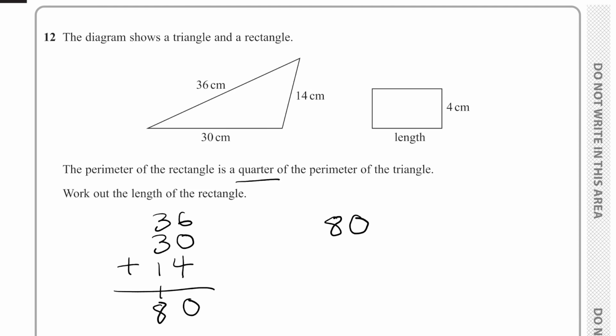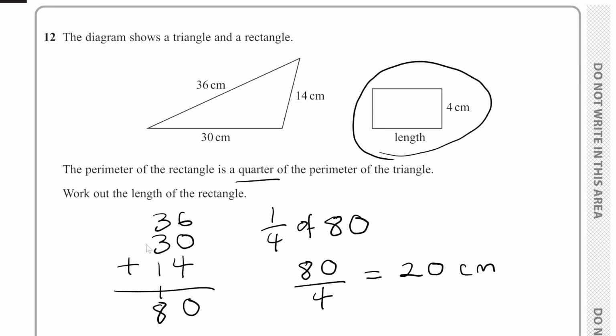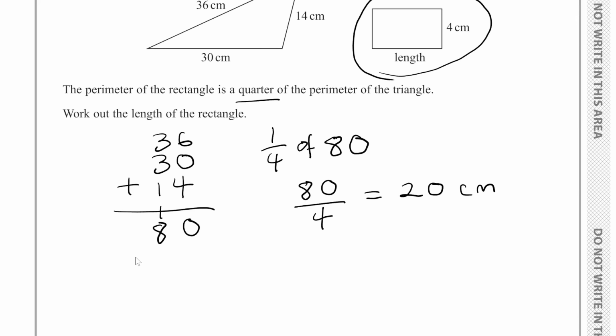To find a quarter, 1/4 of 80, it's the same as 80 divided by 4, which is 20. So the perimeter is 20 for our rectangle, and the perimeter is the whole way around the edge.